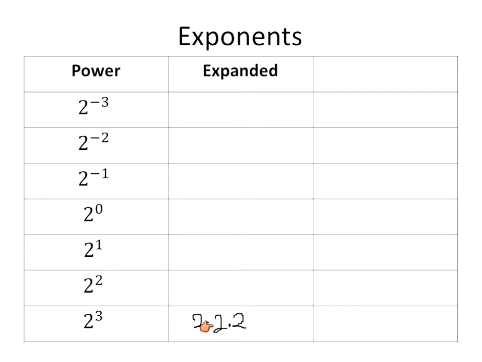So I have 1, 2, 3 of the base, which is 2, and I'm multiplying them. And then over here, we're going to put the actual solution. So I want you guys to work on that. You can talk about it in your group.